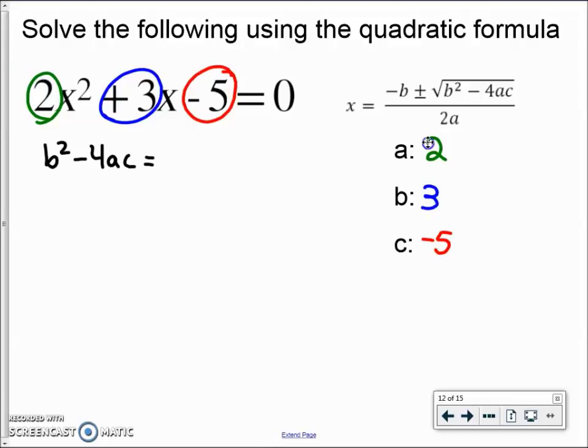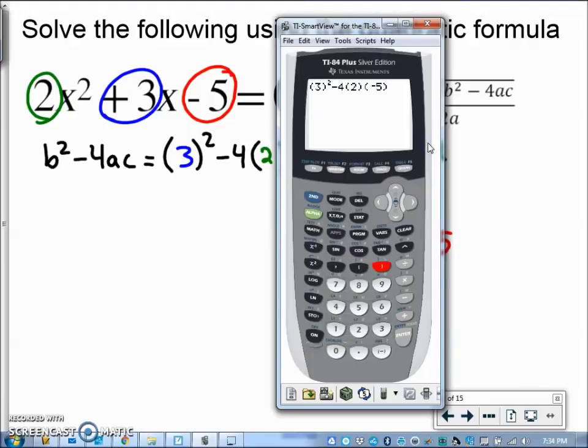That, in this case, is going to be 3 squared minus 4 times our a value of 2 times our c value of -5. This value is entered into my calculator as 3 squared minus 4 times 2 times -5, with parentheses around all values I'm substituting in, and I get a value of 49.